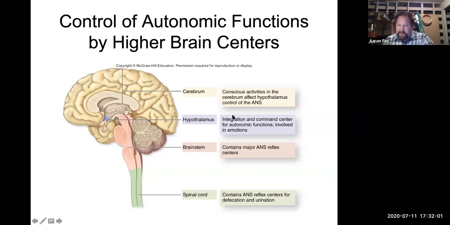So the hypothalamus is the integration and control center for autonomic functions, including emotions. You think a thought, that generates an emotion, which is going to generate a response in your hypothalamus. Brainstem, that's where the reflexes are found. Spinal cord, you have really basic reflexes like urination and going to the bathroom.